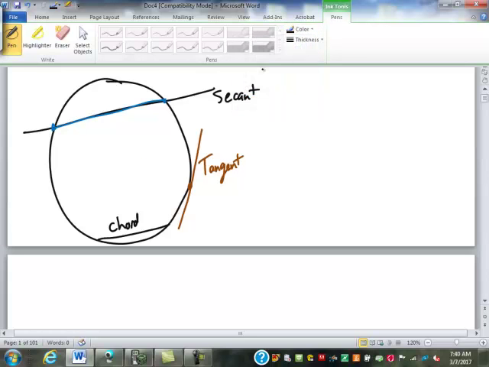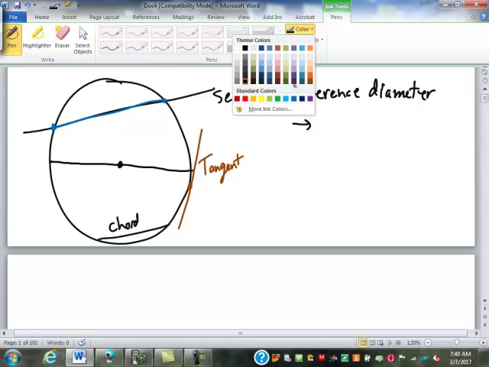Now, there's something called a reference diameter. Remember, a diameter is a chord that contains the center of the circle. A reference diameter is usually the horizontal diameter.